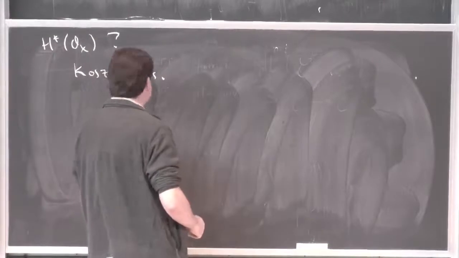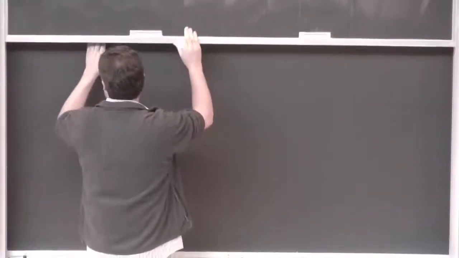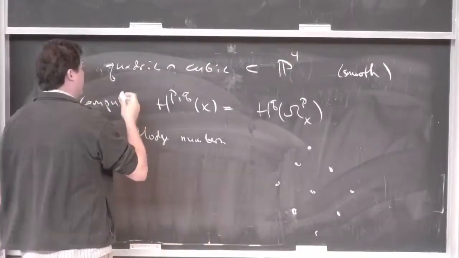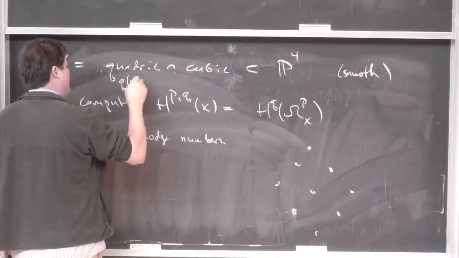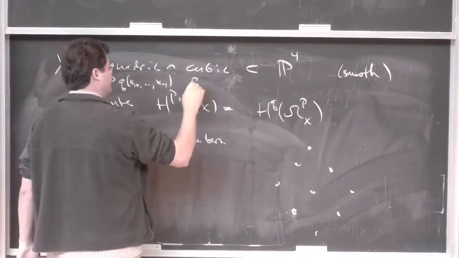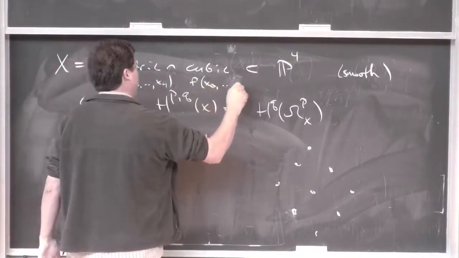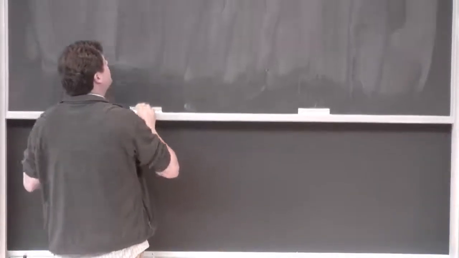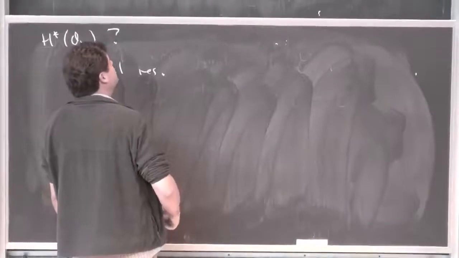And let's say that my quadric is given by a quadratic form Q of x0 up to x4, and my cubic is some F of x0 up to x4. So Q is a section of O(2), and F is a section of O(3) on P4.